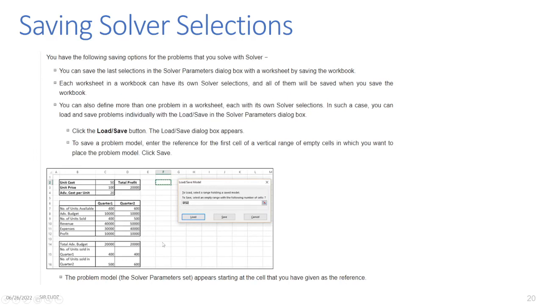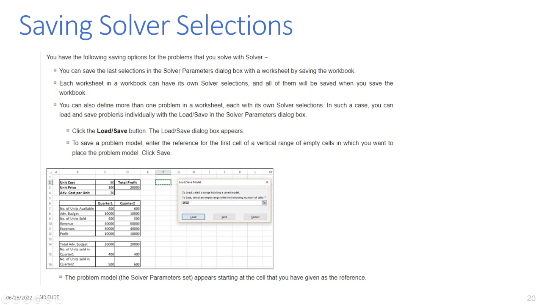You have the following saving options for the problems that you solve with Solver. You can save the last selections in the Solver Parameters dialog box with a worksheet by saving the workbook. Each worksheet in a workbook can have its own Solver selections, and all of them will be saved when you save the workbook.